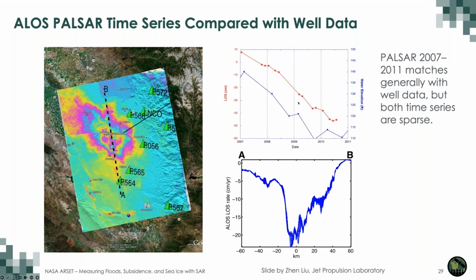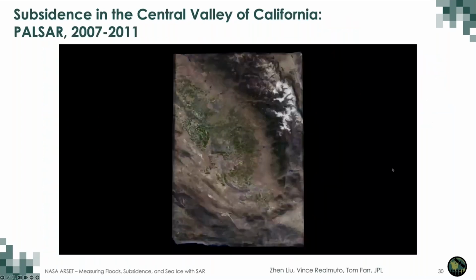And on the right here, we're comparing, the red line is the interferometry measurements, and the blue line, the water elevation. And we can see as the water has been extracted over this 4-year interval, generally going down, the land surface is also going down.